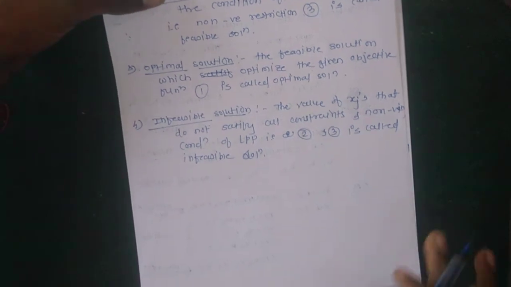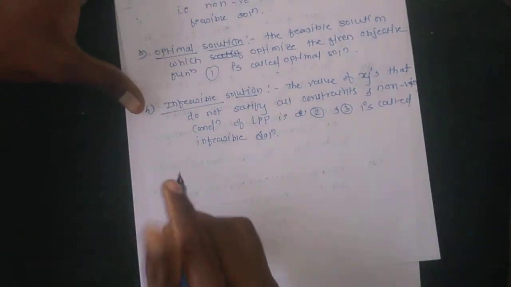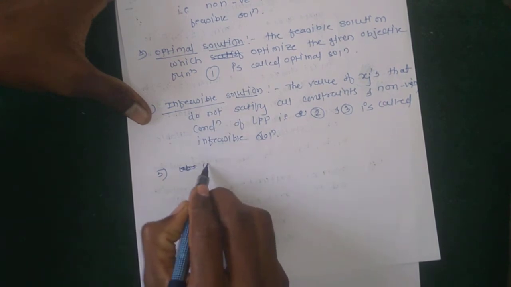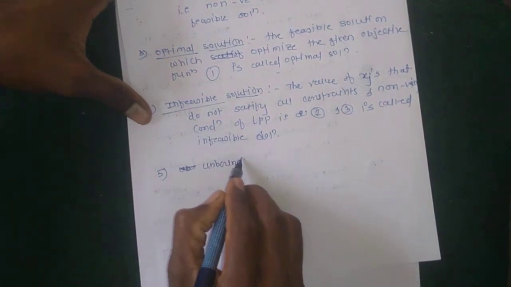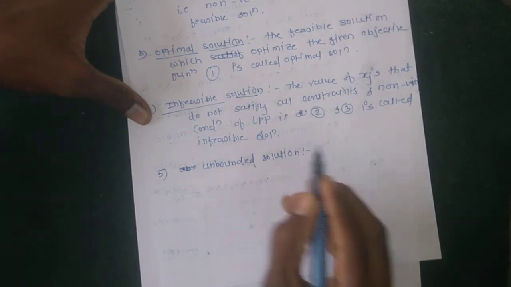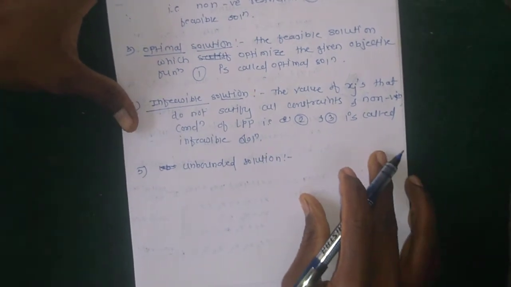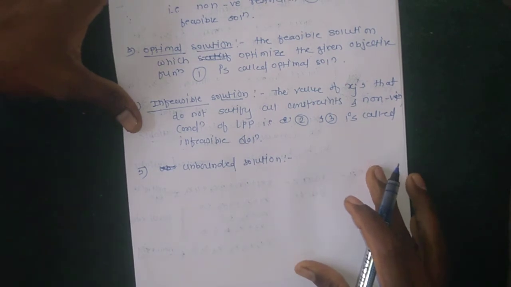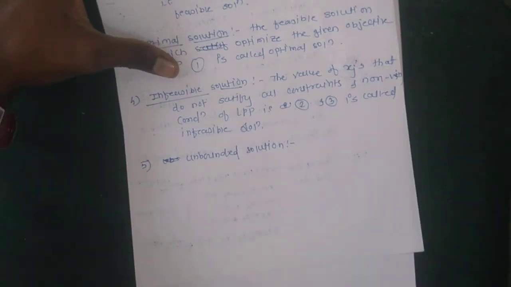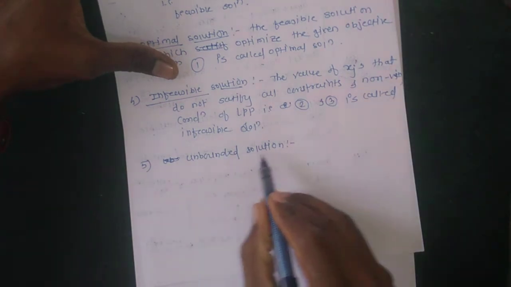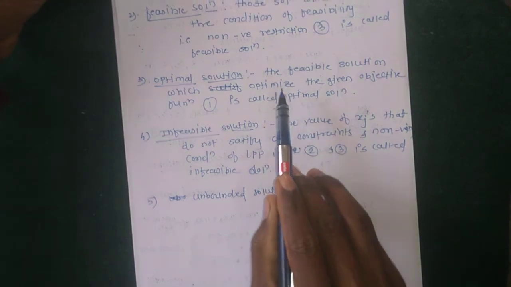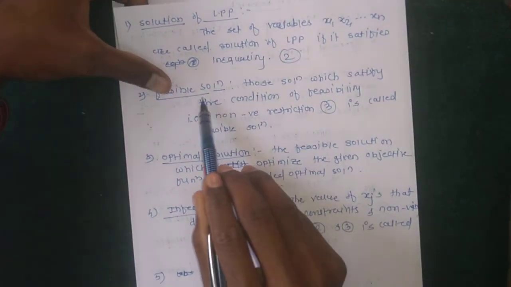Next definition is unbounded solution. What is meant by unbounded solution? Unbounded solution means a feasible solution.